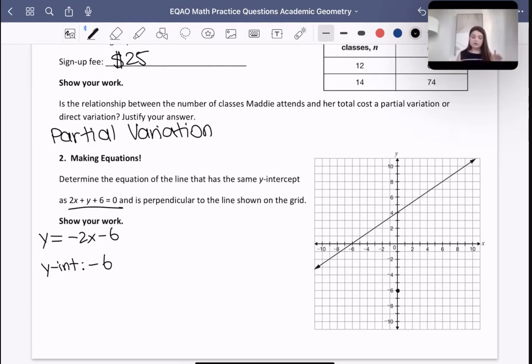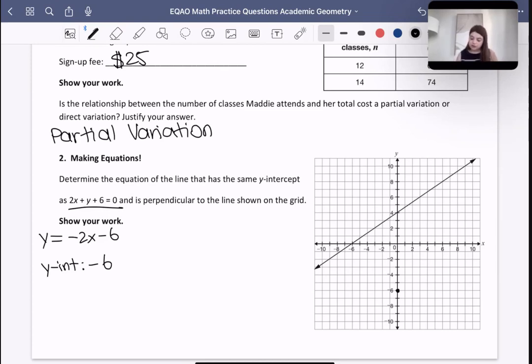It also says that it's perpendicular to the line shown on the grid. Well, what do we know about the slope based on perpendicularity? We know that if two lines are perpendicular, then that means they have negative reciprocal slopes. So if we find the slope of the line on the grid and then we take the negative reciprocal of it, we will get the slope for the equation that we are trying to determine.